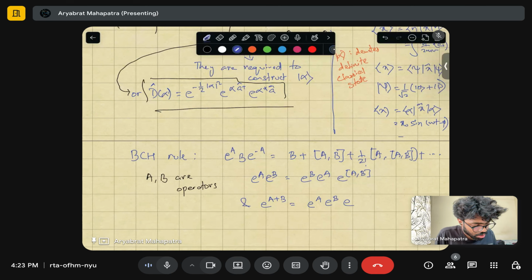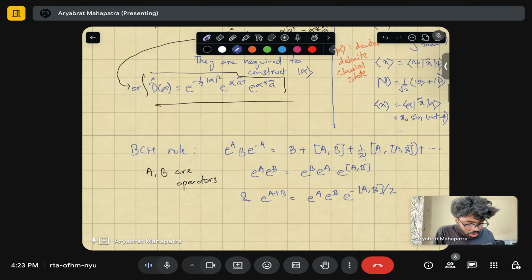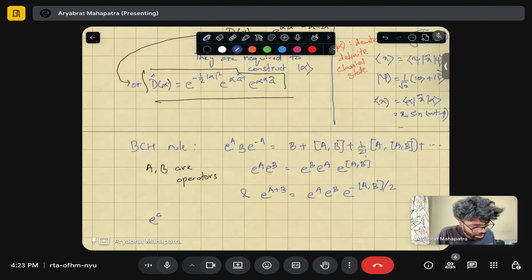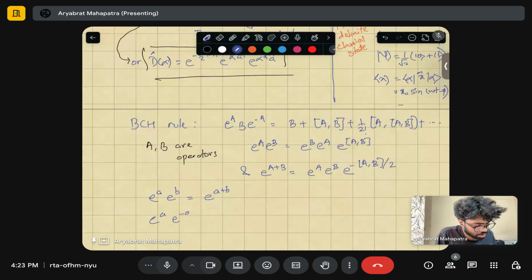These are some rules which you can use when you are working with displacement operators or coherent states. Why am I doing so? Suppose you have exponential of a and exponential of b, where a and b are numbers. You can simply do e to the power a plus b, or e to the power a, then e to the power minus a, which is basically 1, because e to the power a minus a is e to the power 0.